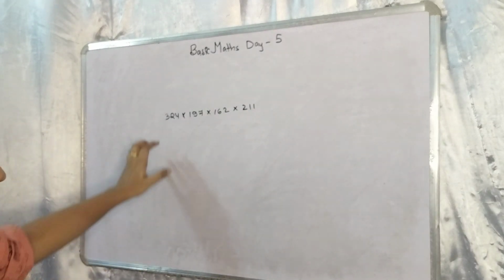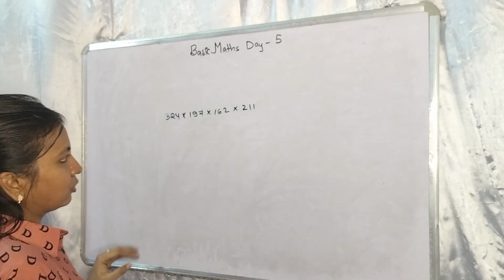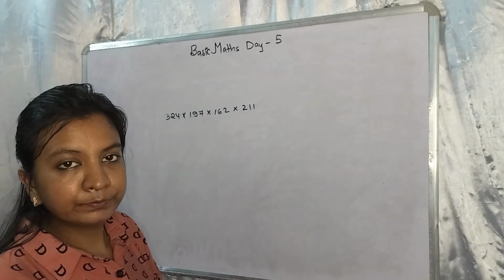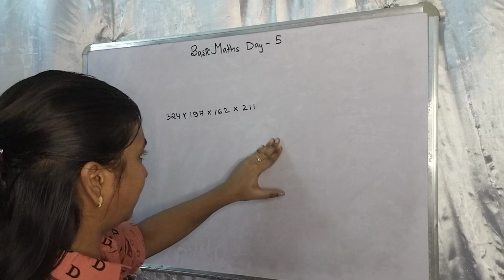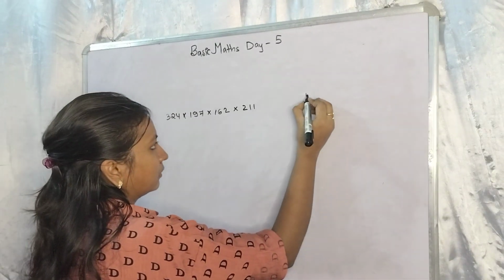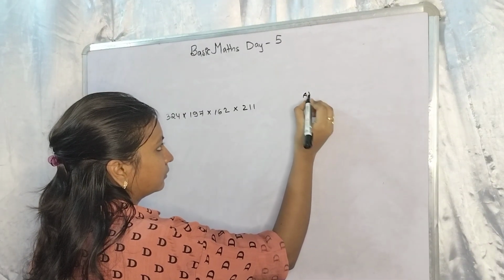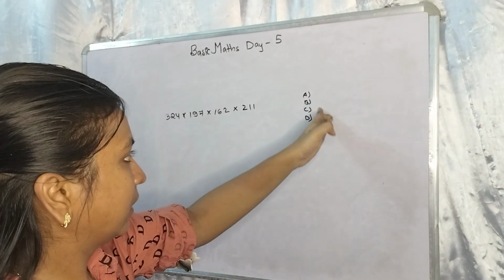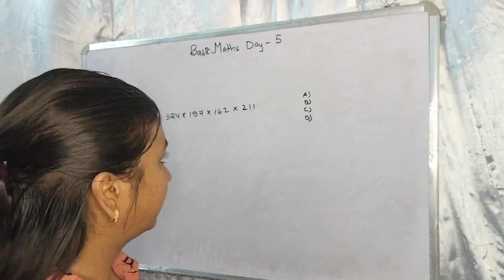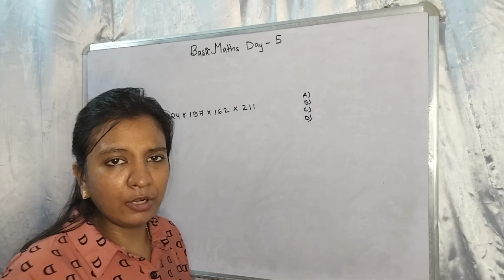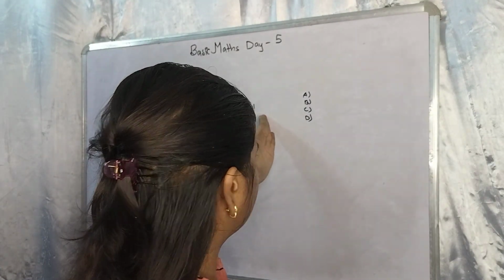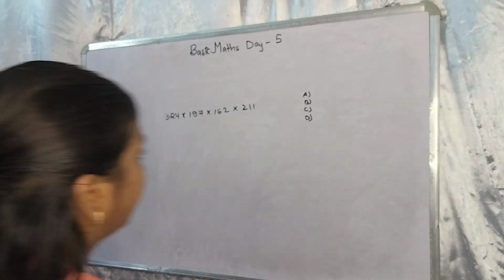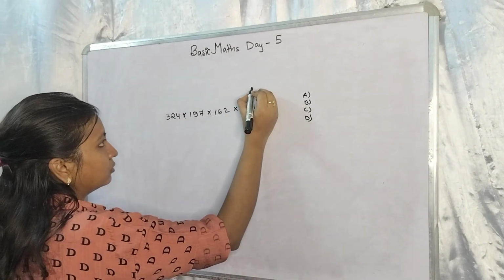Since this will be of 1 or 2 marks, mostly 1 mark, you are told to find the unit digit. It means that if this answer arrives in 5 digits, you need to find the digit in the unit place. So what will you do?